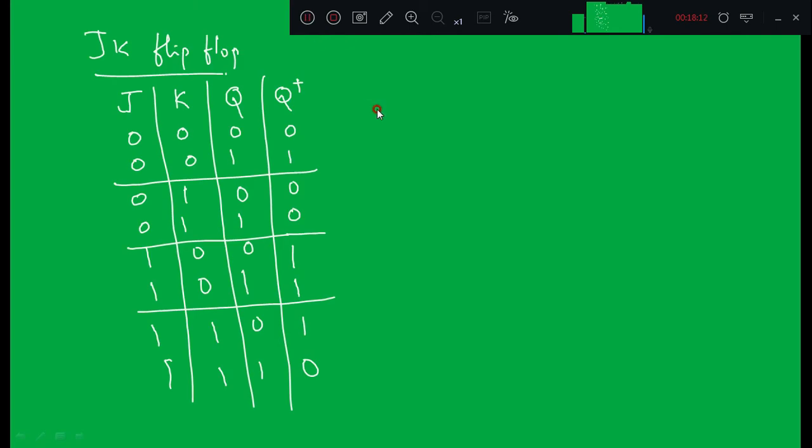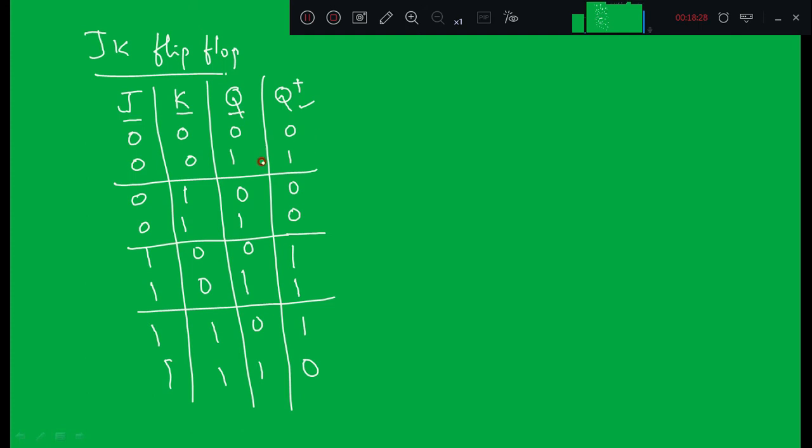Similarly, the JK flip-flop. So this is the characteristic table for the JK flip-flop, in which we have 2 normal inputs, J and K, and one is the previous input, and Q plus is the next state output, right? So everything remains the same except the last combination.